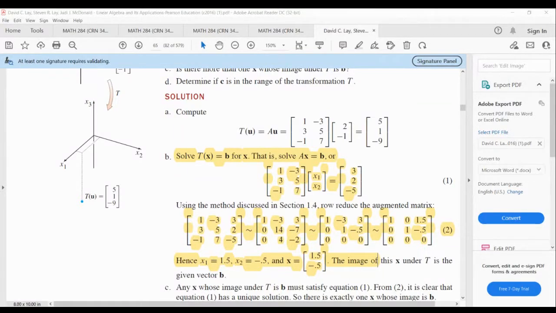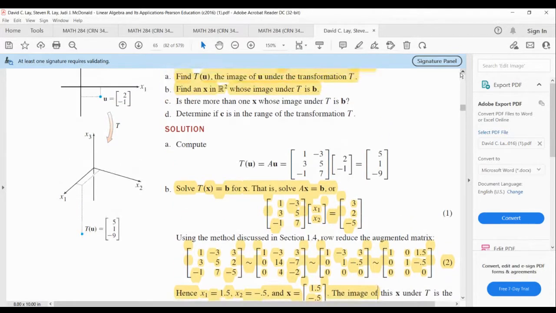So the image of this vector x under the transformation is the given vector b. If you take that 3x2 matrix A and multiply it by the vector x, which has coordinates 1.5 and -0.5, you will have as its image the vector 3, 2, -5. So they're having you think about the concepts you learned in a new way.